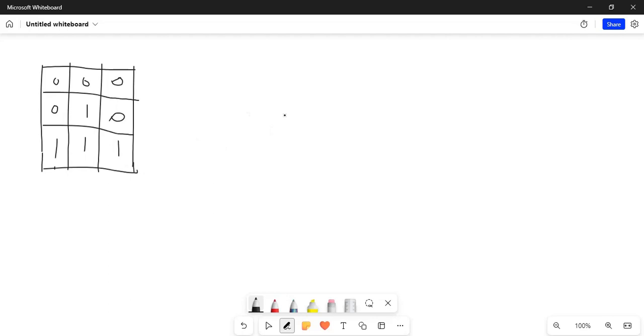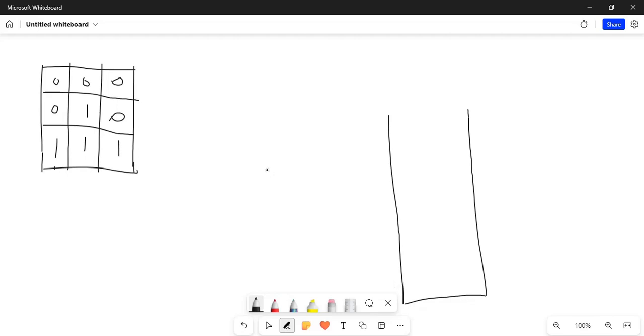This is BFS, so there will be the need of a queue. And we have to think about which type of parameter this queue will initially store.